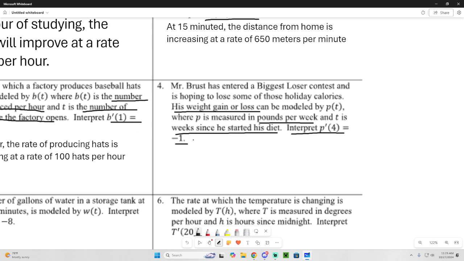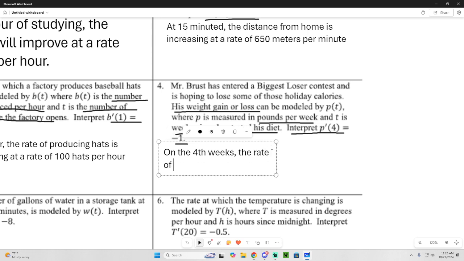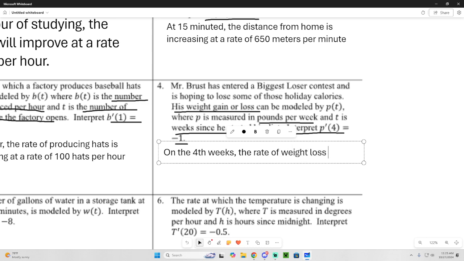So now this is the first time where our derivative is actually negative, which means it's decreasing. So let's go ahead and start. On the 4th week, because weeks is our independent variable, the rate of weight loss, because that's our dependent variable, is decreasing now at a rate of 1 pound per week squared, or per week.